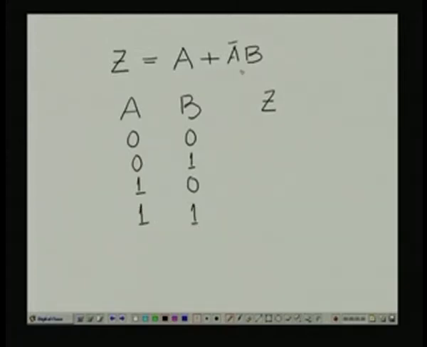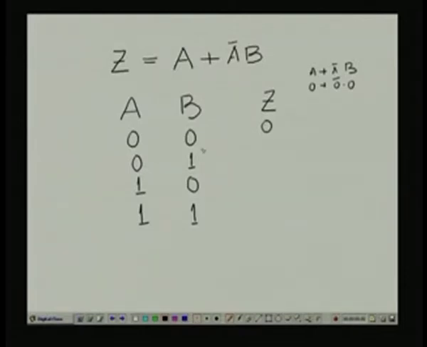Then what will be the value? I take one example: 0 plus 0 bar dot 0, this is 0 plus 1 dot 0, 0 plus 0, 0.